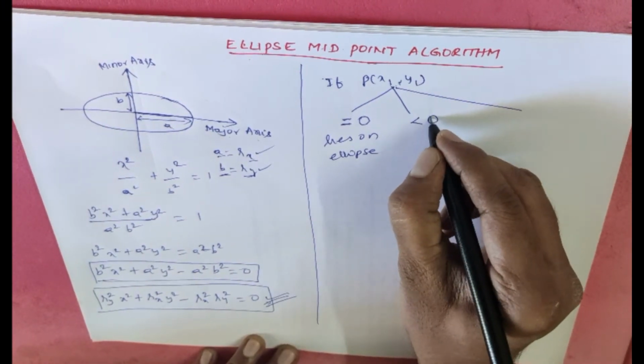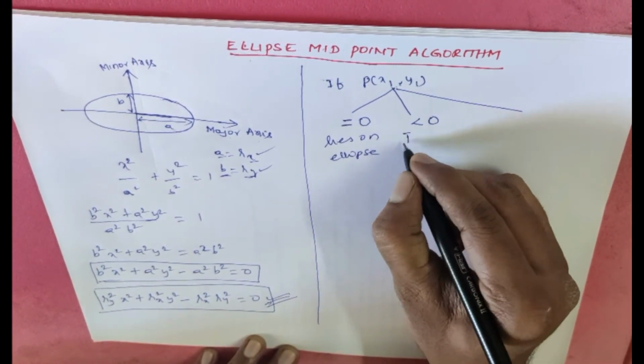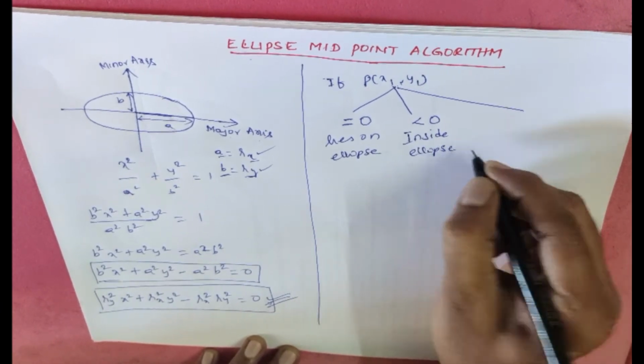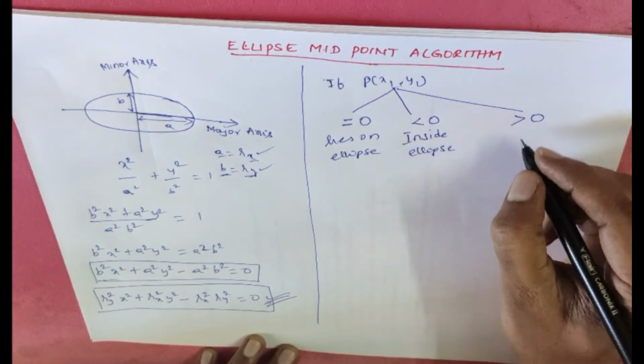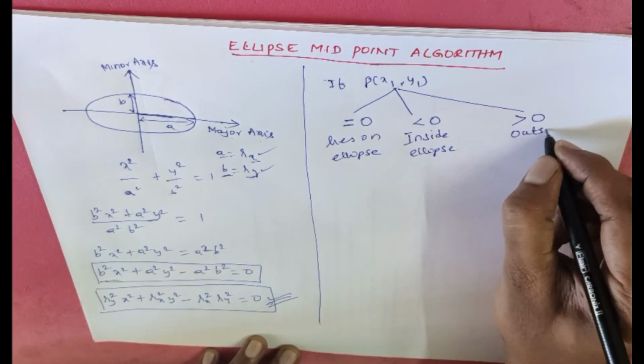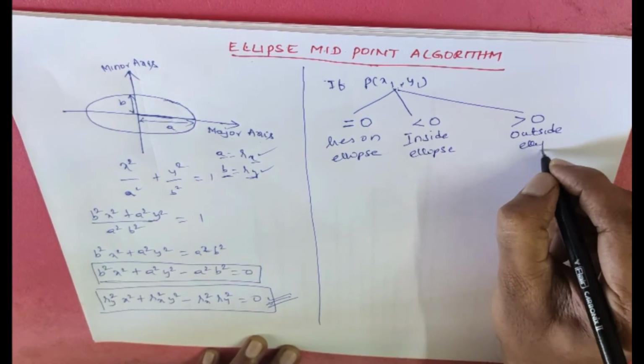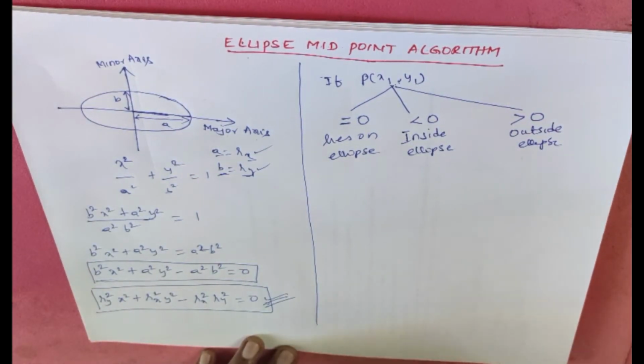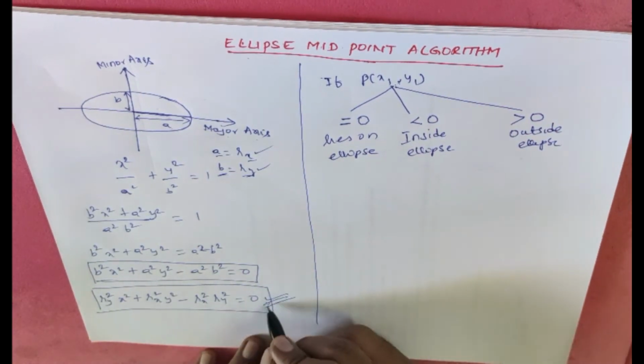If I get a value less than 0, then the point is inside the ellipse. If I get a value greater than 0, then the point is outside the ellipse. This is how we find whether a point is lying on, inside, or outside the ellipse using this equation.